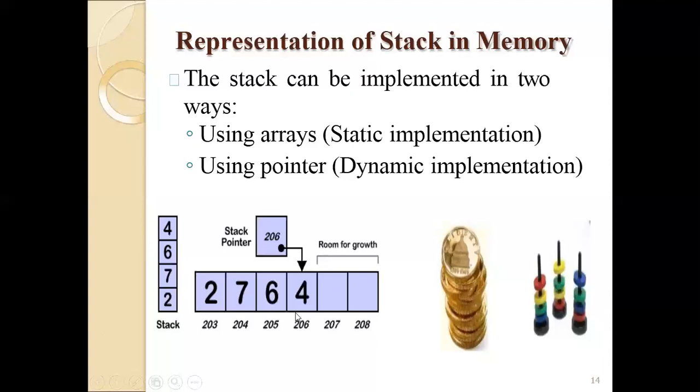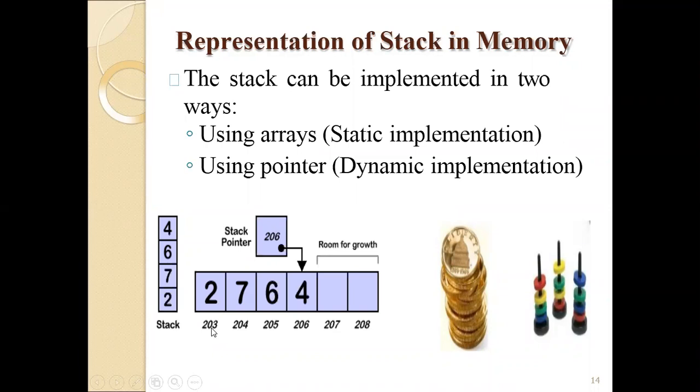Okay, and just observe this second diagram. This is the implementation of the stack with the help of a pointer. With the help of a pointer means what? We have some memory addresses. For example, here we have memory addresses like 203, 204, 205, 206, 207, 208.